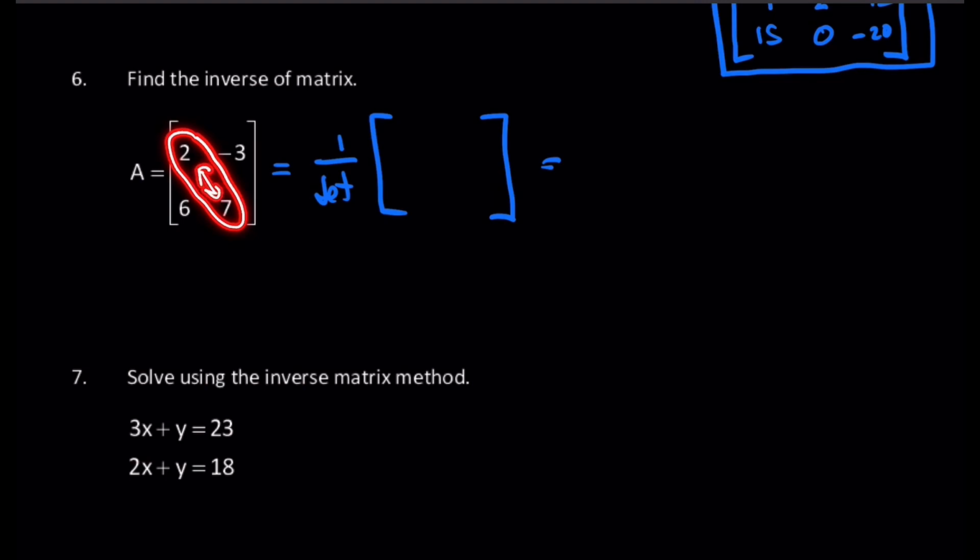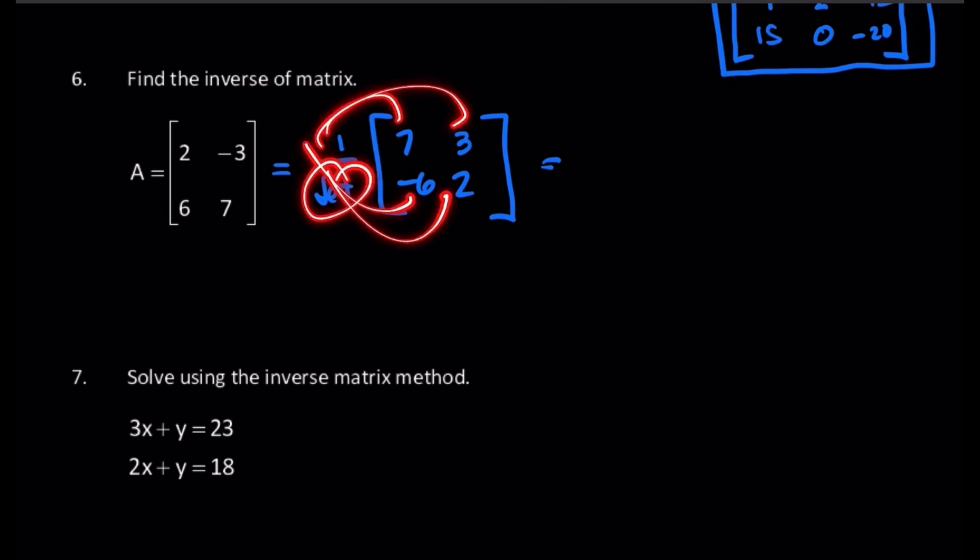So you switch them. Then you take this diagonal and you negate both of those. All right, so I like to write this out first. Switch the 2 and the 7. Negate the other diagonal. Okay, all that's left to do now is find the determinant, plug that in here, and then distribute that through.